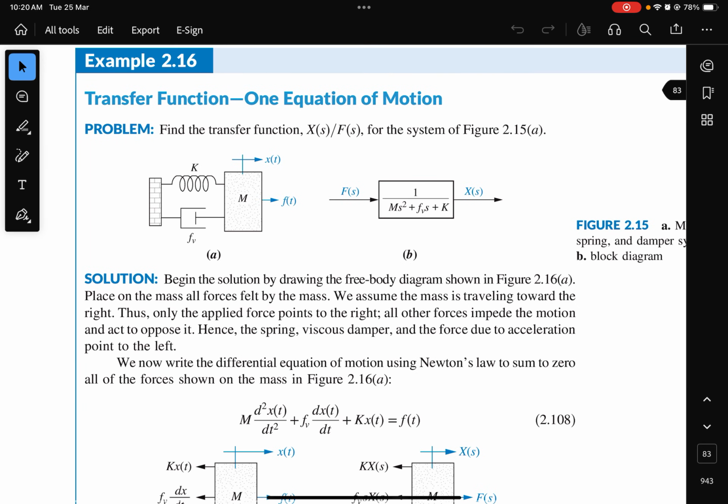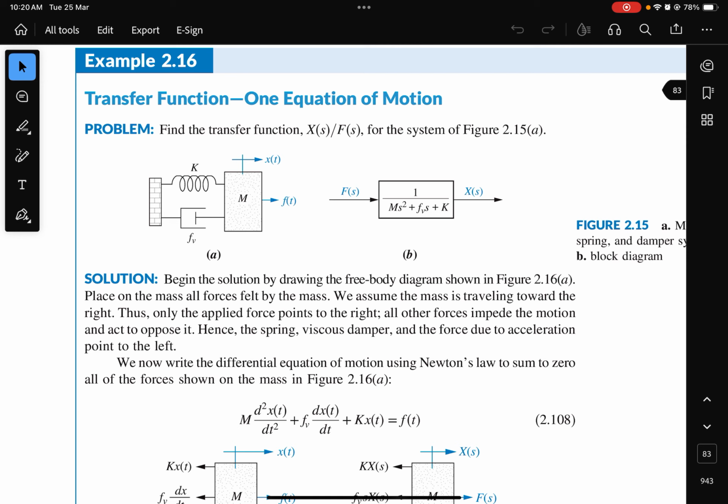On the left here, you can see the mechanical system consists of a mass m, a spring k, and a viscous damper fv, and then there is a force applied to the mass that pulls it to the right, and you can see the x(t) up there showing the direction of the displacement. So we're going to go through this.